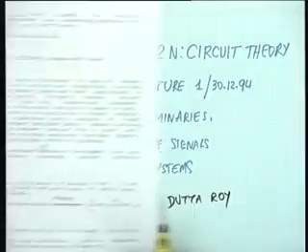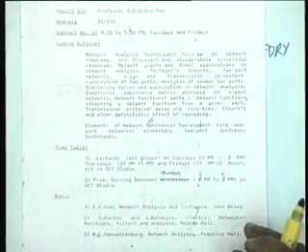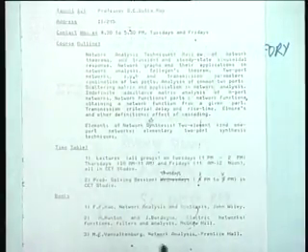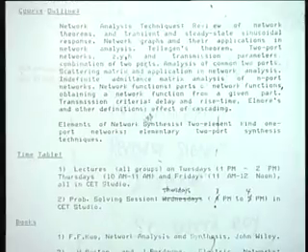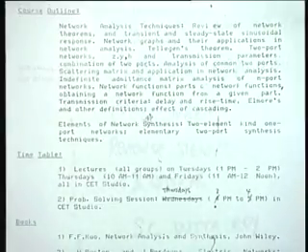and the contents of the course outline include network analysis techniques, review of network theorems and transient and steady state sinusoidal response, network graphs and their applications in network analysis. We will play these topics at a rather low key.